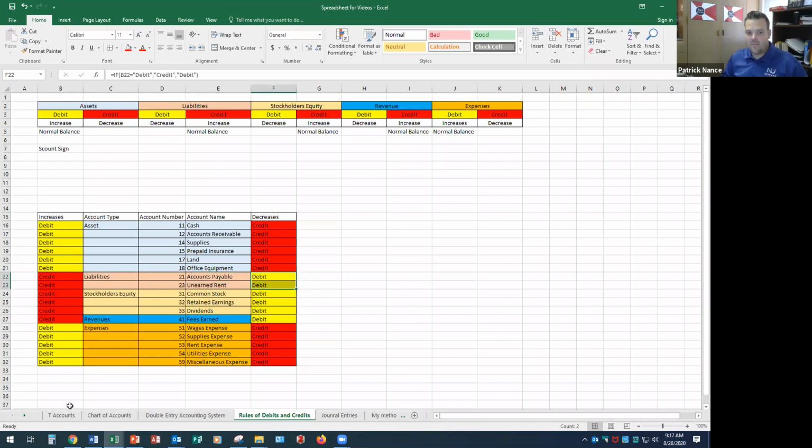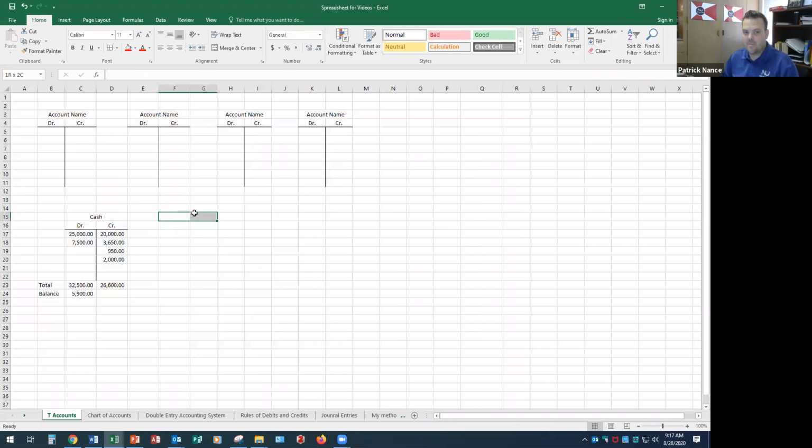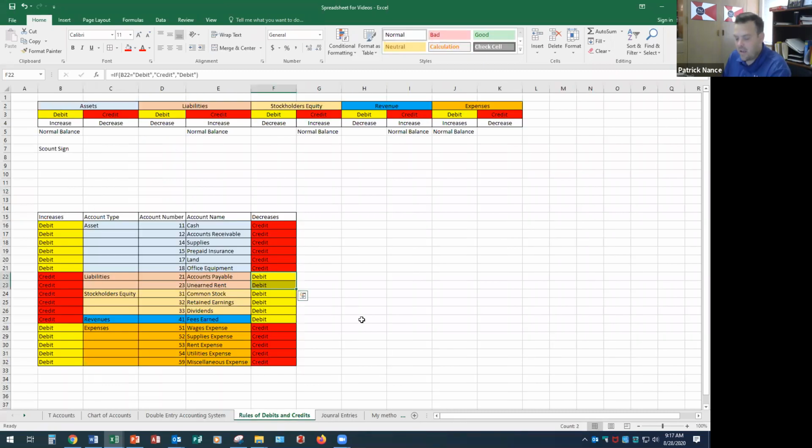If I had a T account for a liability account like accounts payable, no matter what numbers are in there, and they would come from transactions, they're not just randomly made up, generally, because its normal balance is a credit, it will have a credit balance in it moving forward. So this one, for example, has a credit balance of 5,000. Generally speaking, a liability should have a credit balance in it.